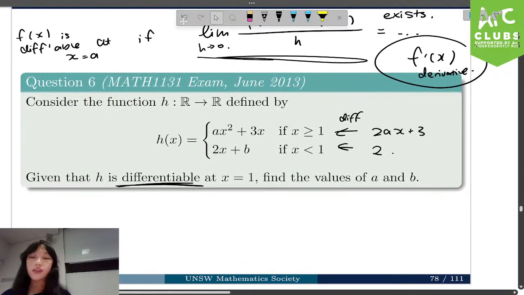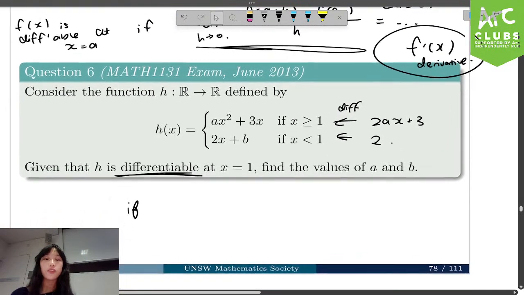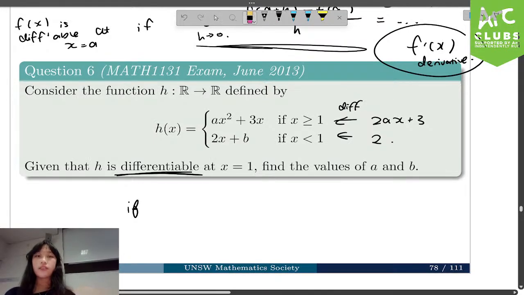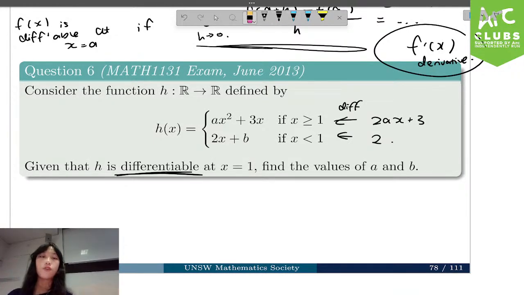So, like I said, if something is differentiable at this point, then the derivative on the left-hand side of 1 and the derivative on the right-hand side of 1 have to agree. As we're moving from 1 plus, we'll be in this domain, and as we're moving from 1 minus, we'll be in that domain.